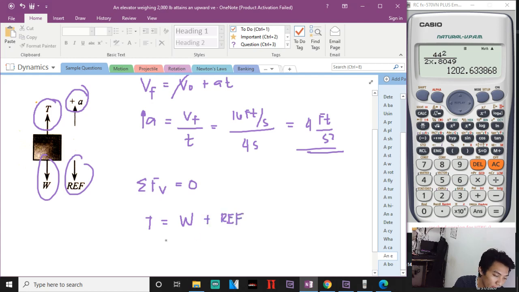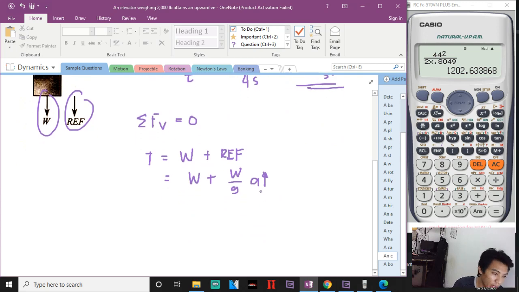Okay. So, W plus yung weight over G times yung acceleration. Pataas yan, ha? So, positive. Non-counteracting. So, meron kang weight na 2,000 pounds. 2,000 pounds plus, tignan mo ito, 2,000 pounds divide by 32.2 times yung acceleration mo na 4. Okay. So, pwede mo i-simplify ito.